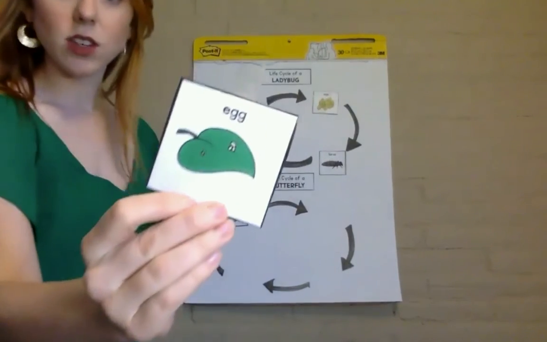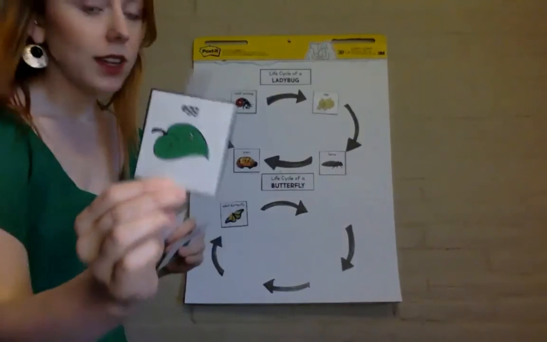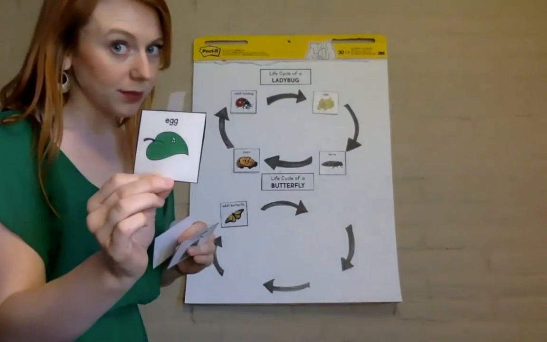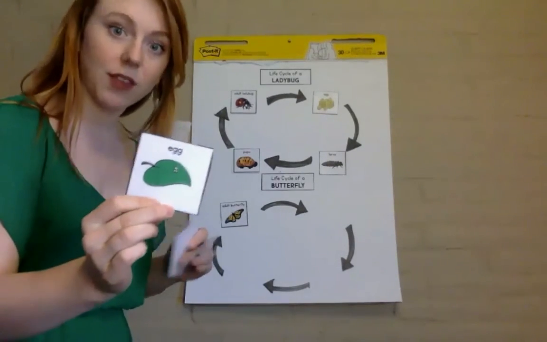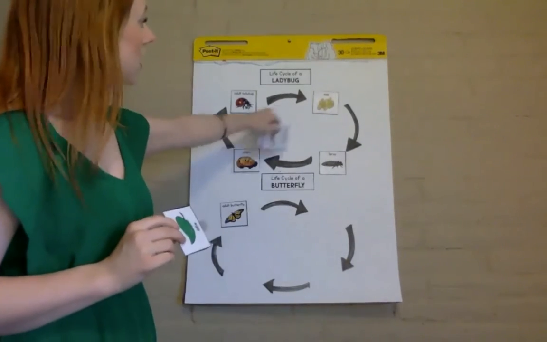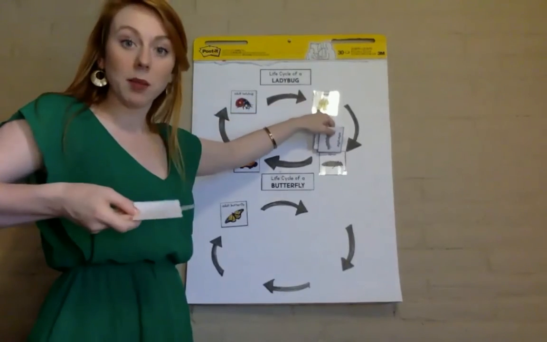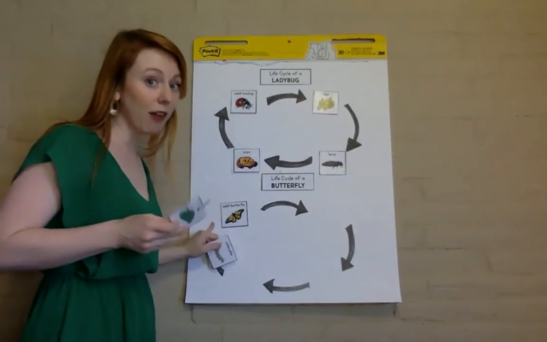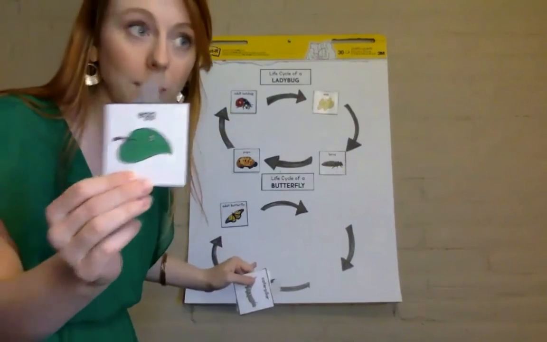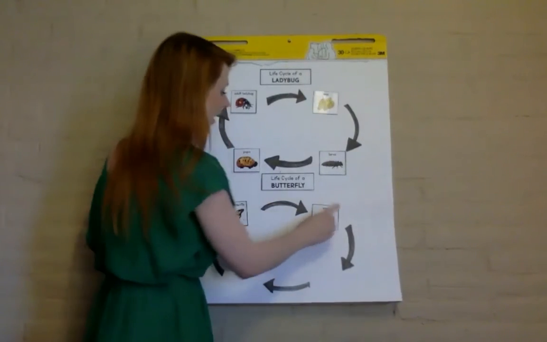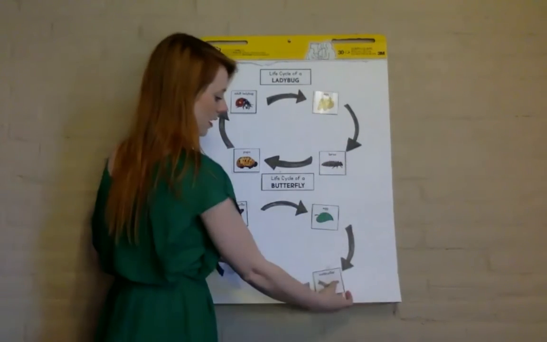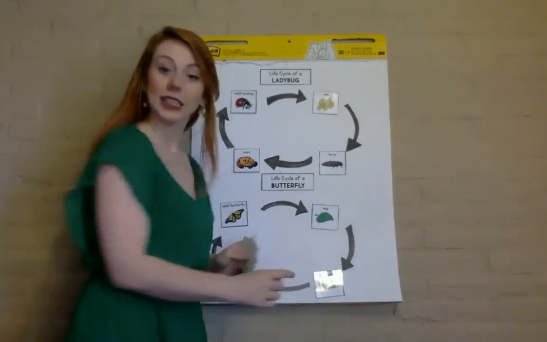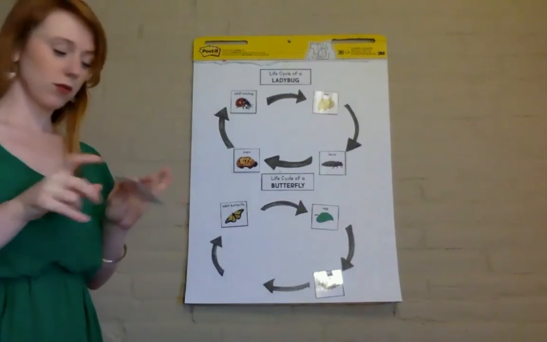Do you see where the eggs are located on this leaf? Is this the bottom or the top? It's the top of the leaf. So the ladybug lays her eggs on the bottom of the leaf, but the butterfly lays her eggs on top of the leaf. The eggs hatch. They become little bitty caterpillars.